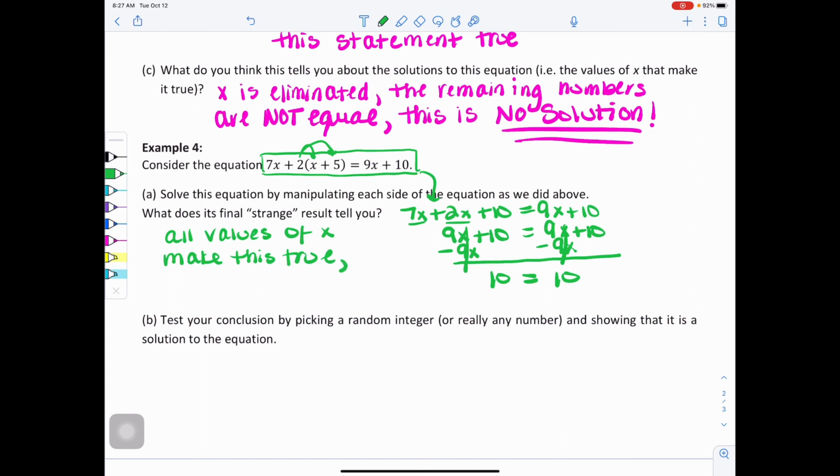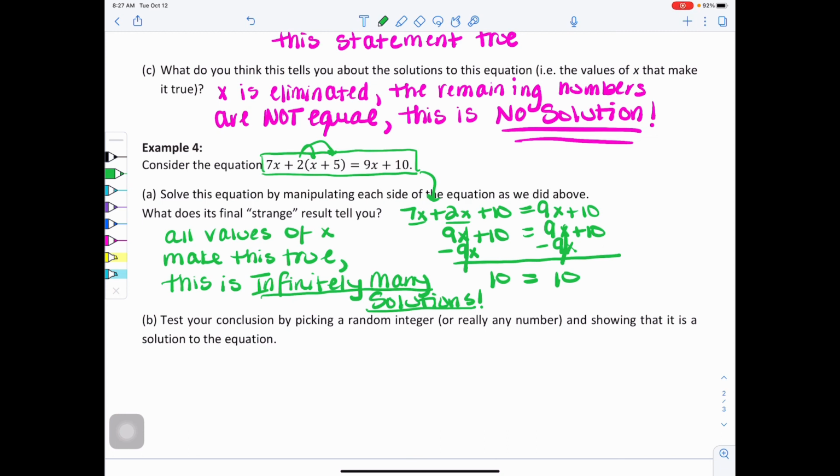So this is infinitely many solutions. And we have discussed this in previous lessons, just taking a look at it from a different way.